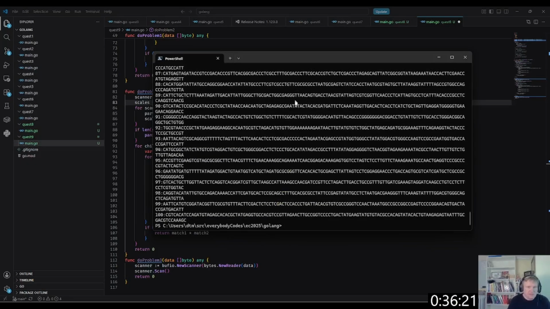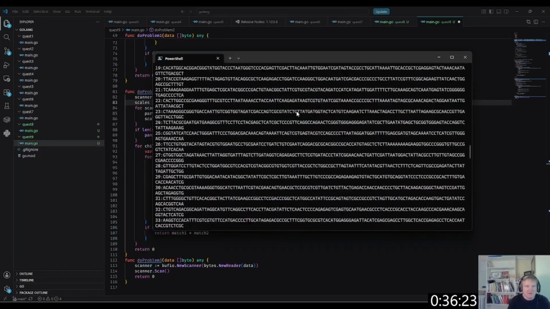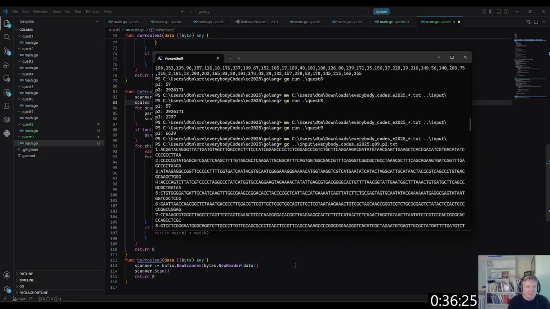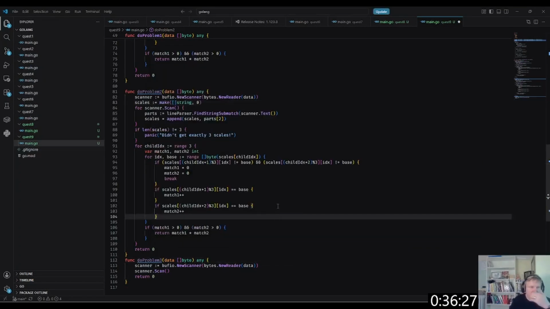It doesn't matter which one is 1 and which. Yeah, so I'm just going to do that. That's fine. I don't need to parse the ID.